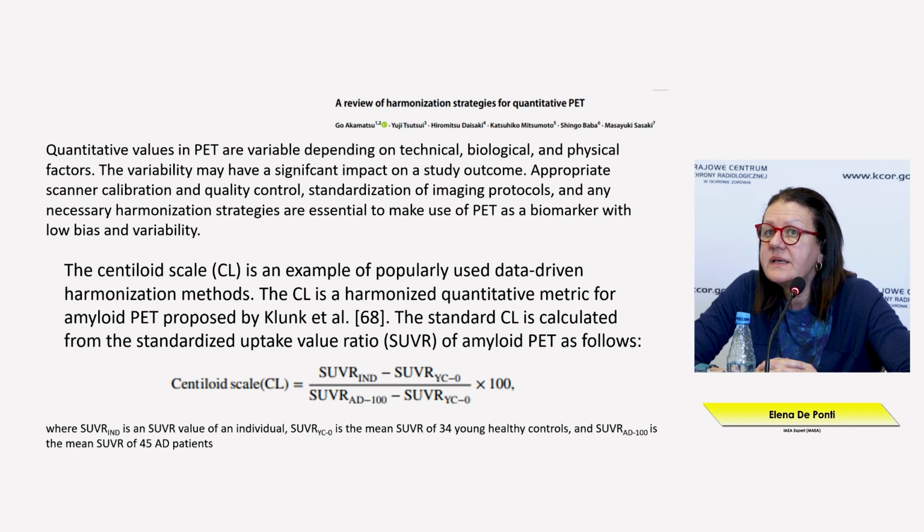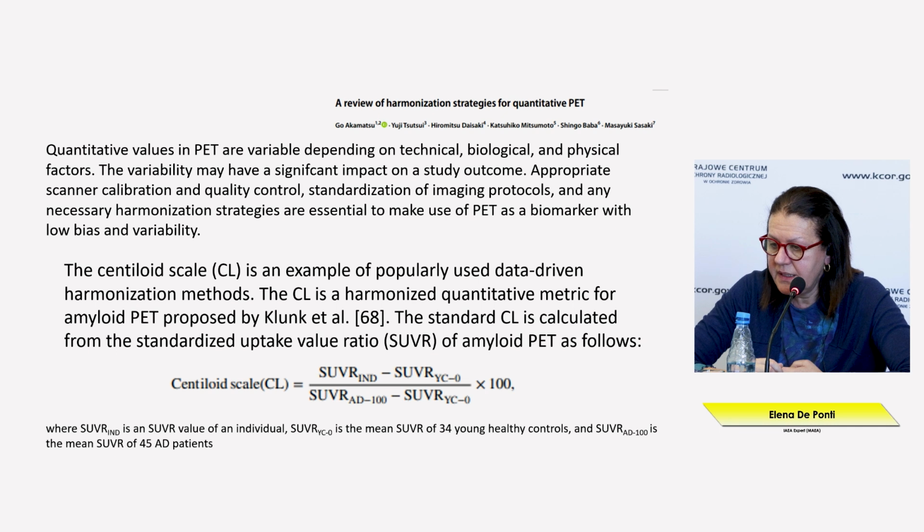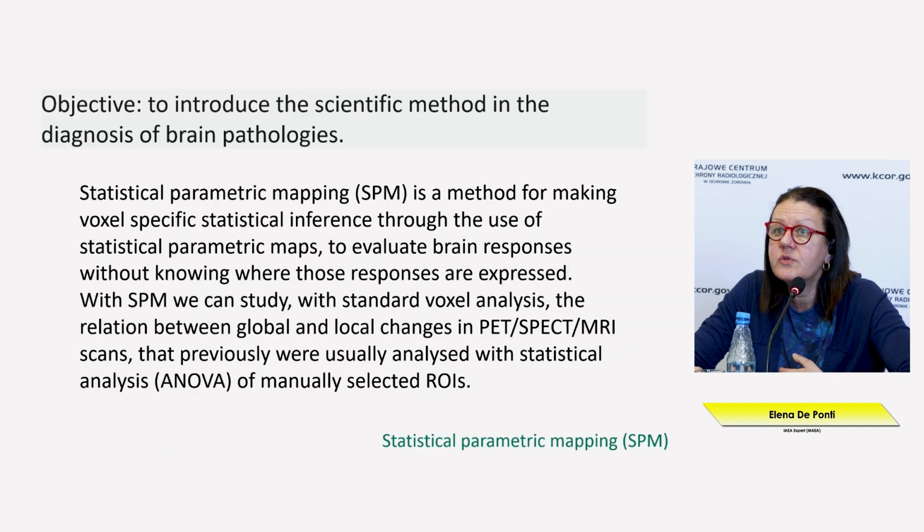One is the centiloid scale, which is used for quantitative evaluation of amyloid PET, and it is a normalized evaluation of SUV, normalized to the mean values that come from a group of healthy or pathological patients, and so it is a normalized evaluation that should be free from individual variability, as we can refer to a template.